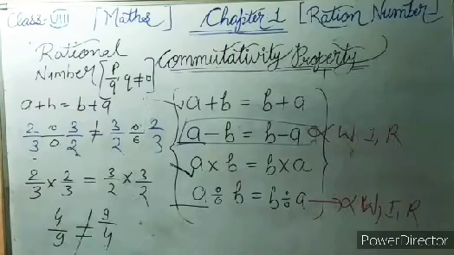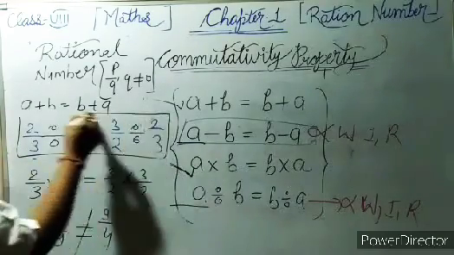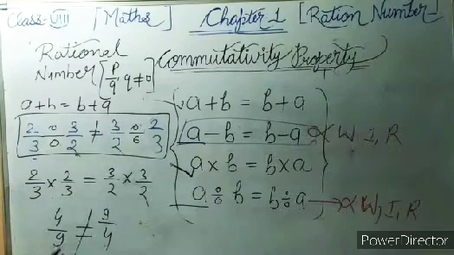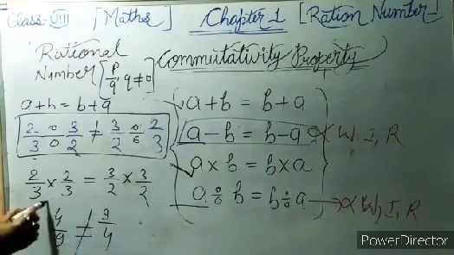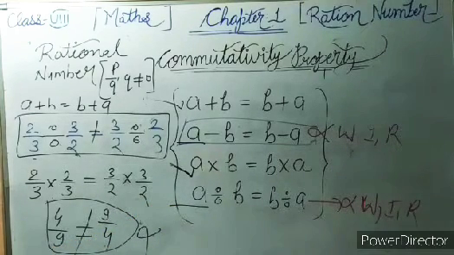You see, if we follow this rule or solve this problem, we will get a different number. 4 upon 9 is not equal to 9 upon 4. That is why we say division is not commutative for rational numbers.